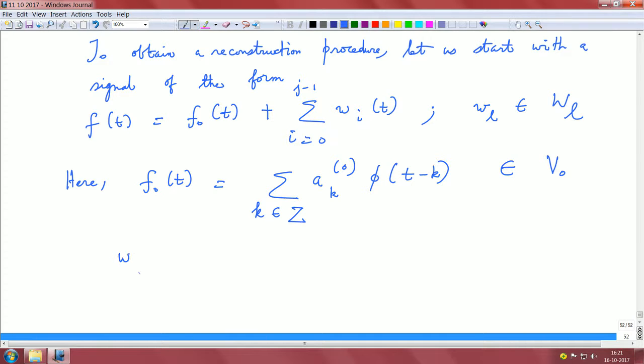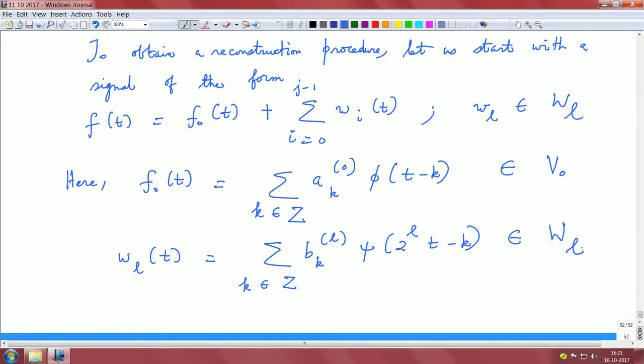Now, w l of t is summation k belonging to the set of integers, this I will use b k l, psi of 2 power l t minus k. This belongs to the space W l for 0 less than or equal to l less than or equal to j minus 1. Okay. We have these basics to start with.